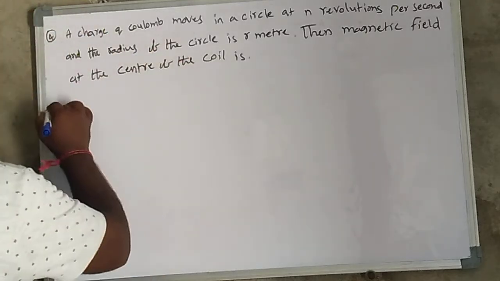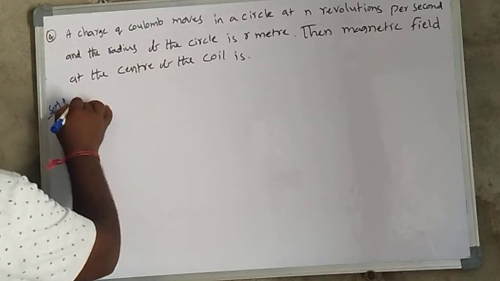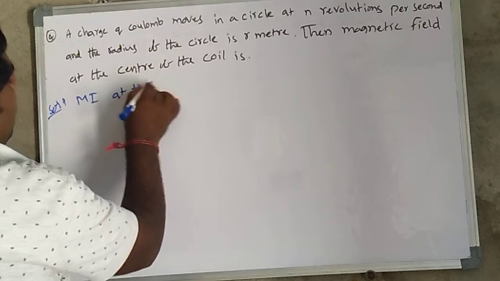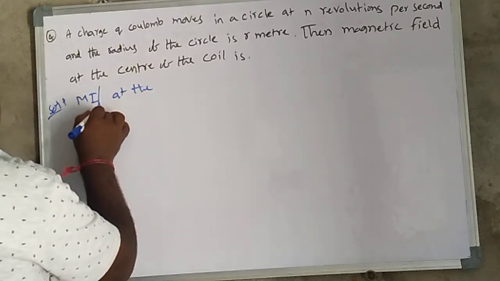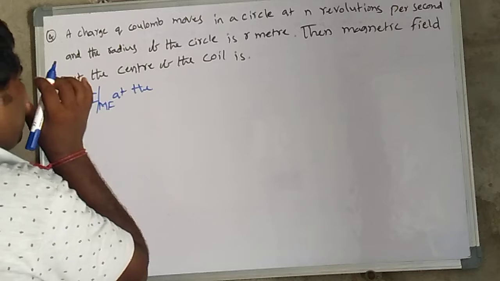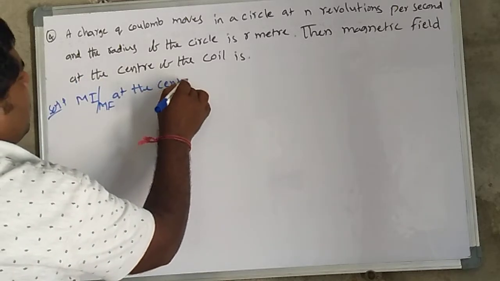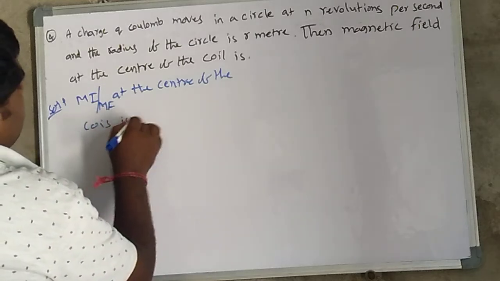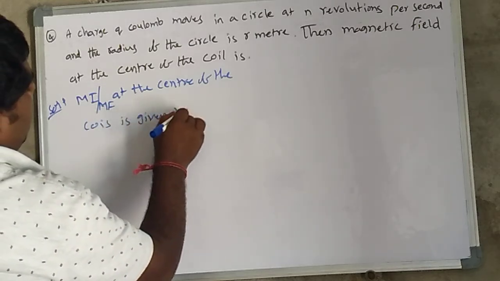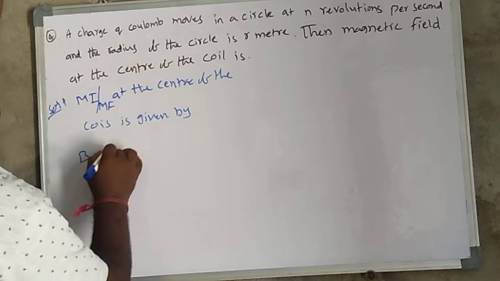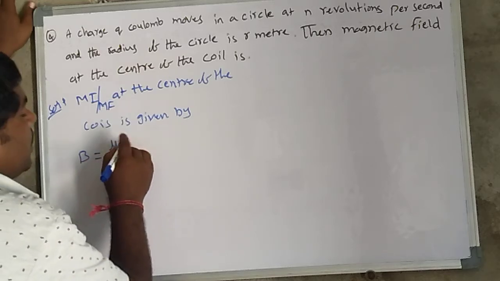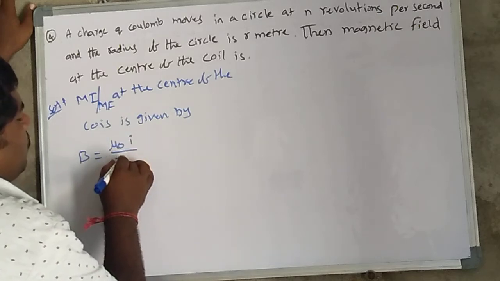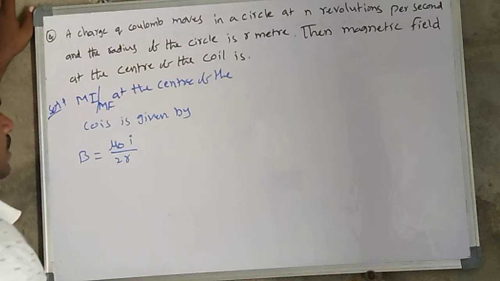Already we know the magnetic induction at the center of the coil is given by B equal to mu naught into I divided by 2r for one loop.